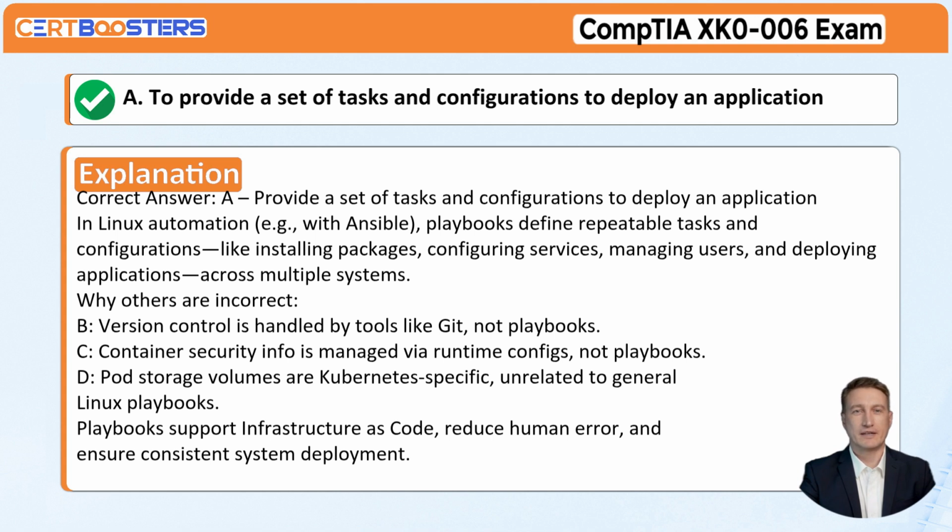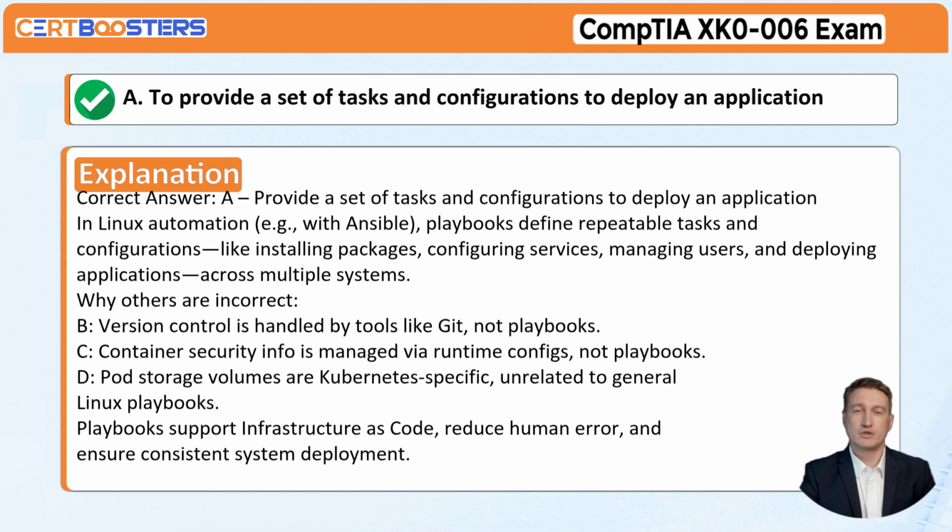Explanation. Correct answer A. Provide a set of tasks and configurations to deploy an application. In Linux automation with Ansible, playbooks define repeatable tasks and configurations, like installing packages, configuring services, managing users, and deploying applications across multiple systems. Why others are incorrect?